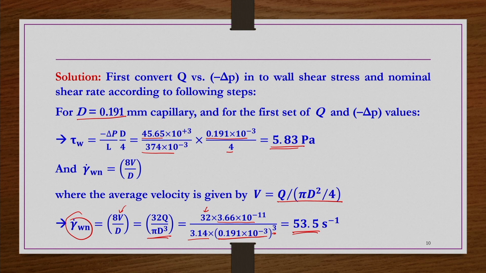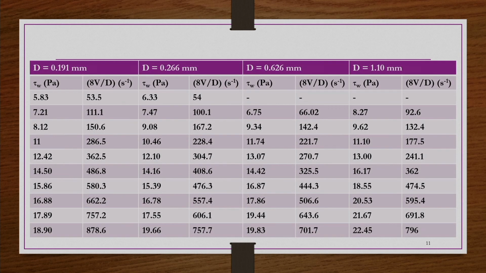So now, when you get this tau W and gamma dot Wn for each capillary of a different diameter and each data set, you make a tabular column like this. So now tau W versus 8V by D. First case, when D is equal to 0.191 mm, tau W we got 5.83 and 8V by D we got 53.5 second inverse.